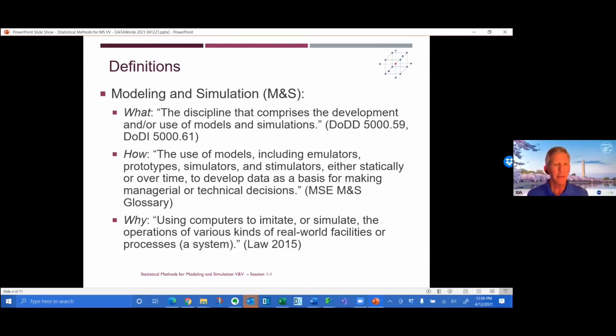And then sort of the why piece, Behavioral Law, great book on simulation, and great contributions to industry as well. But saying that, trying to use computers to imitate or simulate operations of various kinds of real world facilities or processes, right?